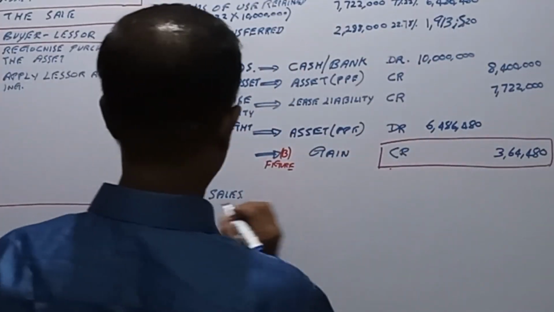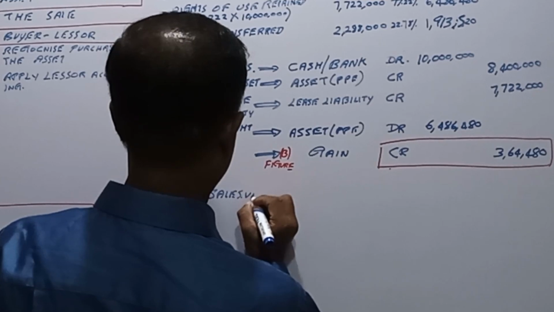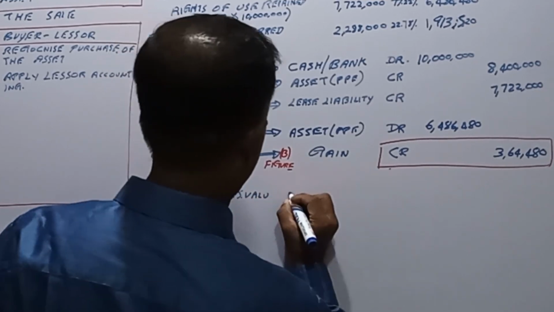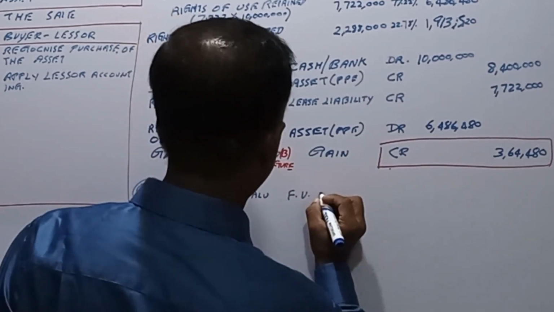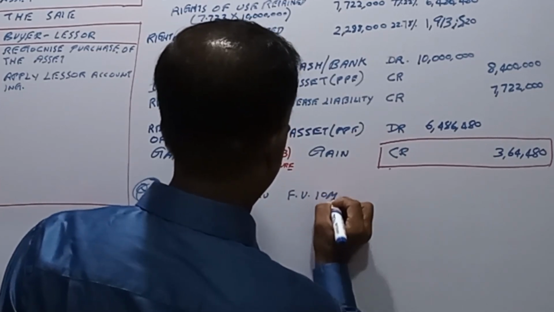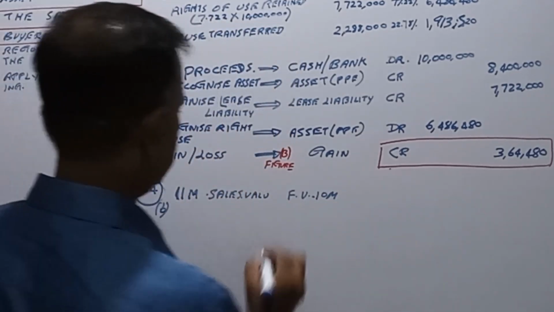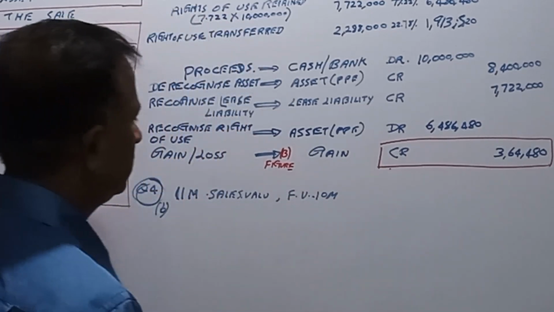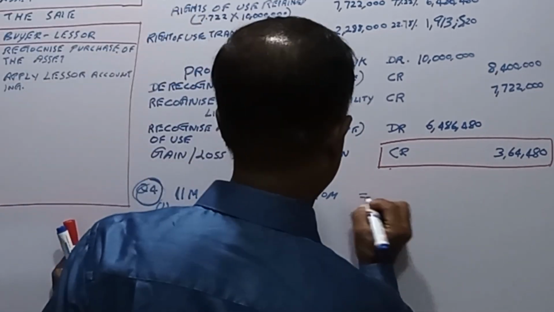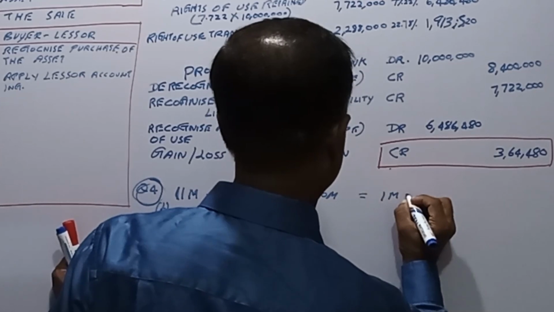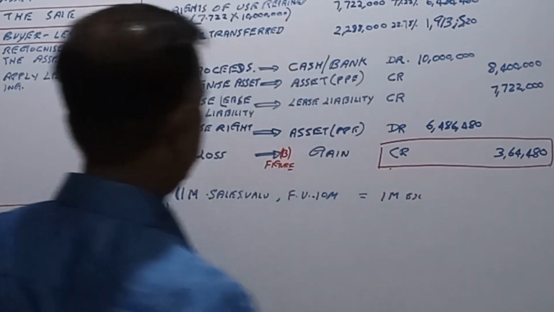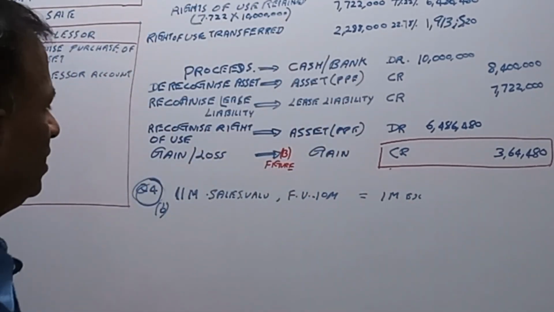Fair value is 10 million, right? The excess is 1 million. We have made a sale for more than the fair value.